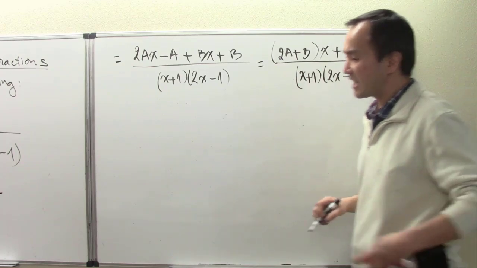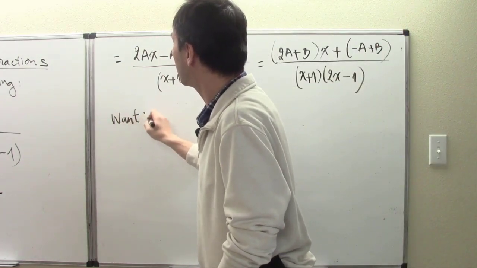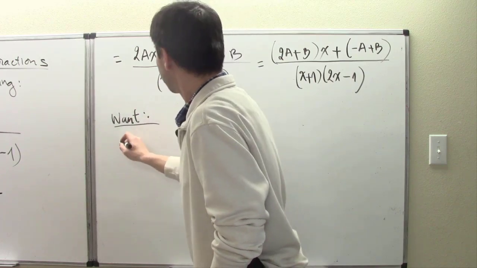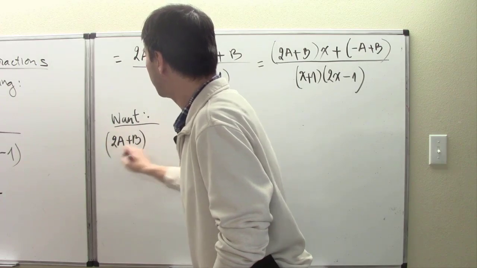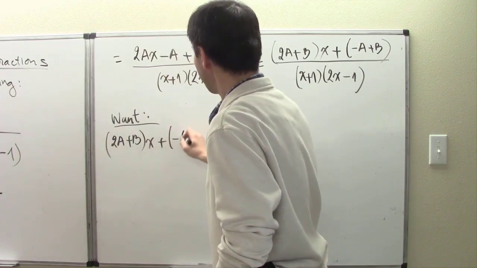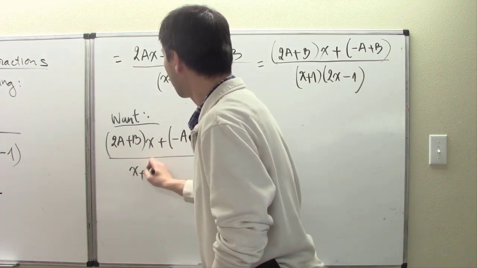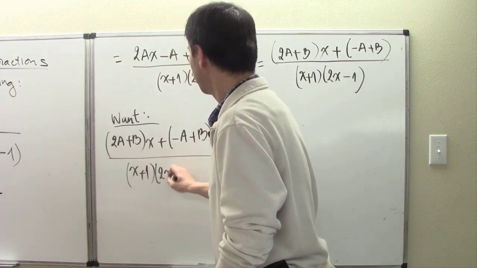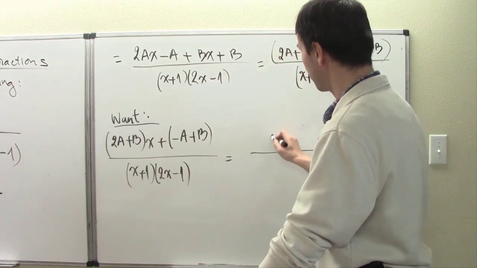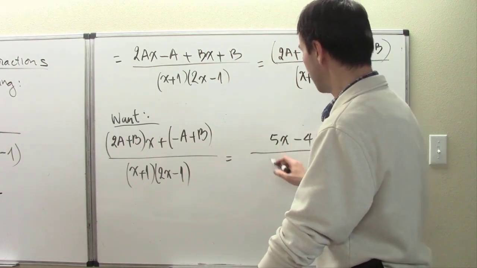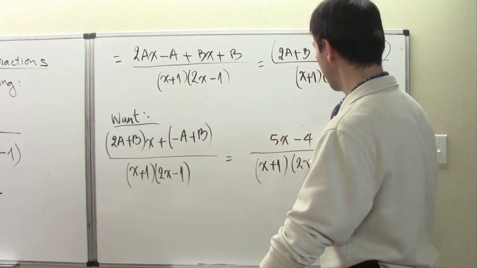And then in that case right here, what we want is this 2A plus B times x plus minus A plus B, all over the x plus 1 times the 2x minus 1, to equal the beginning fraction, 5x minus 4 over x plus 1 times 2x minus 1.